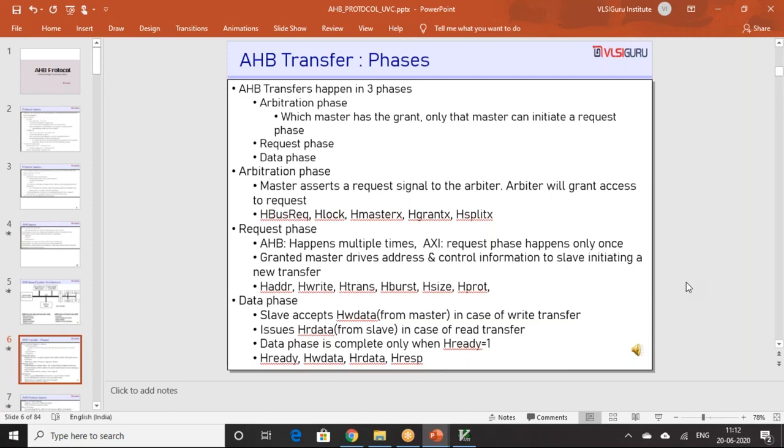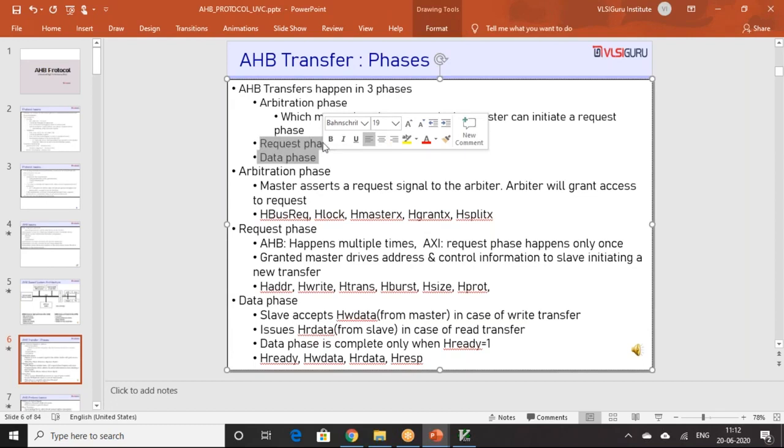The arbitration phase is where we decide which master is given the grant. Only that master can initiate the remaining 2 phases. So to do these phases, the master first has to get the grant.